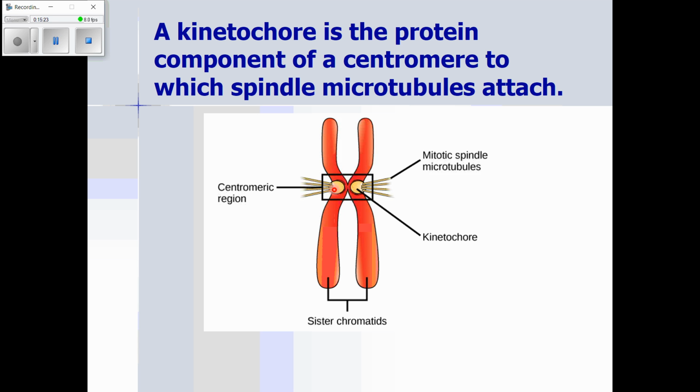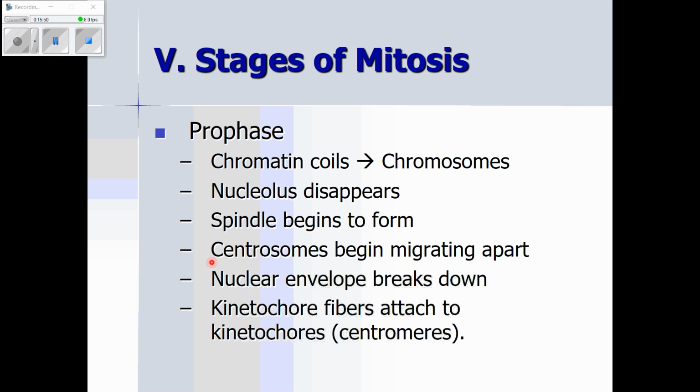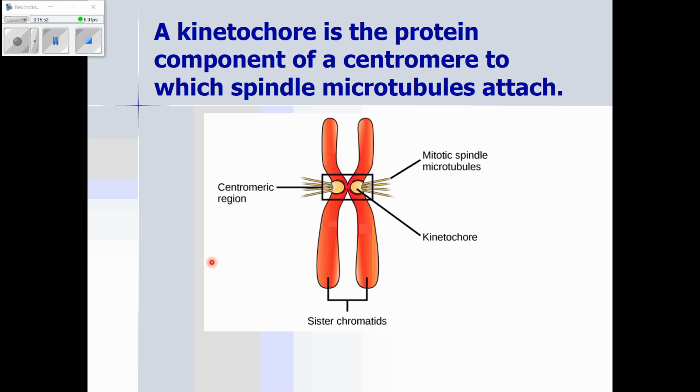So basically, by the end of prophase, or certainly by the beginning of metaphase, every single chromosome is going to have a spindle fiber attached to one side and another spindle fiber attached to the other side. It's basically two cables that are going to try to pull that chromosome in two separate directions at the same time. And we'll see how that turns out in just a minute.